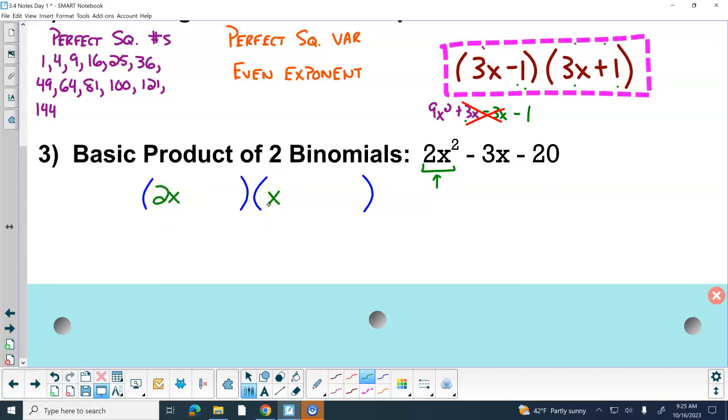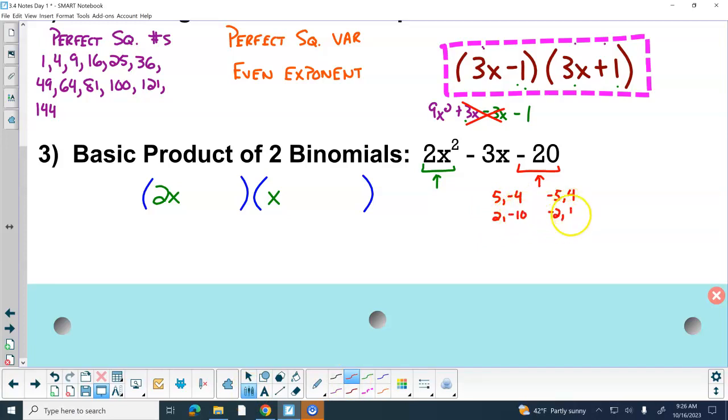Okay? What 2 things multiply to give me negative 20? 5 and negative 4? Negative 5 and positive 4? Okay, what else? 2 and negative 10?